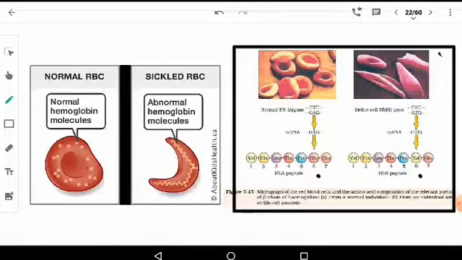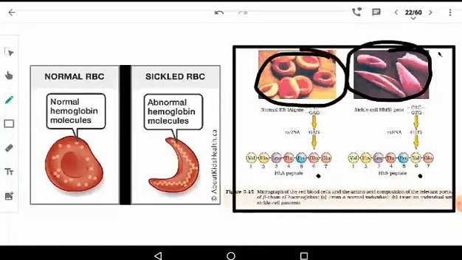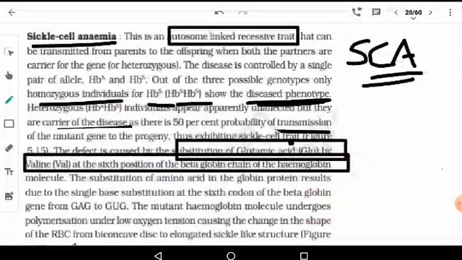But in an affected person, the glutamic acid is substituted by valine. And when it is substituted by valine, what is going to happen? It results in sickle shaped RBCs and not the normal biconcave RBCs.